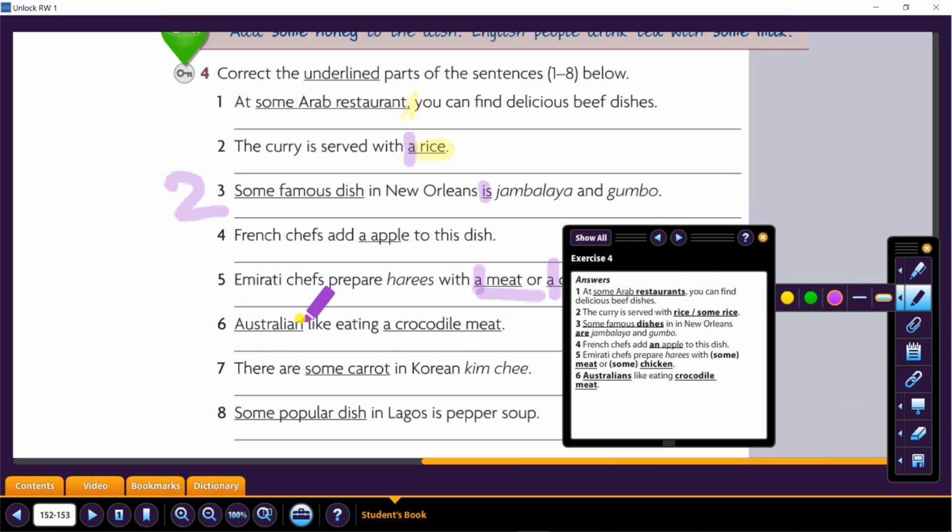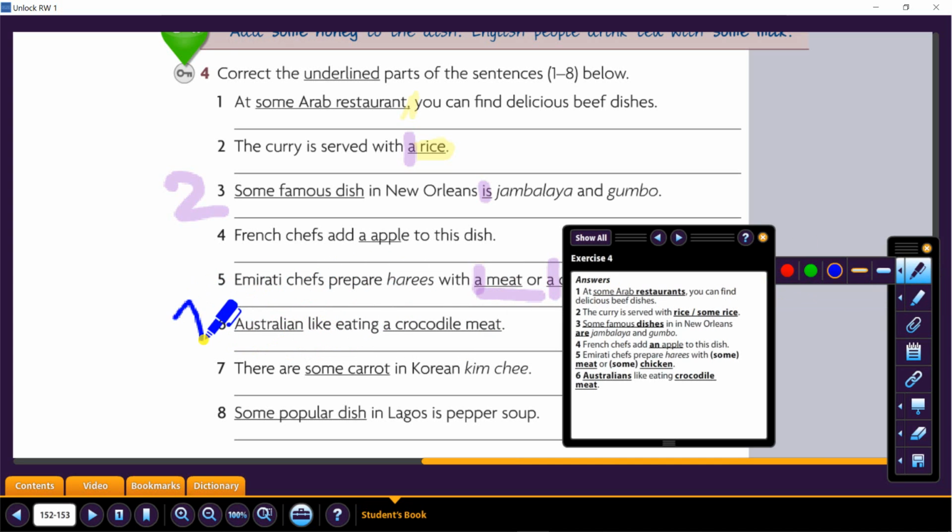Number 6, Australian like eating a crocodile meat. Australian means one Australian. Okay, is it logical to say Australian like eating a crocodile meat?